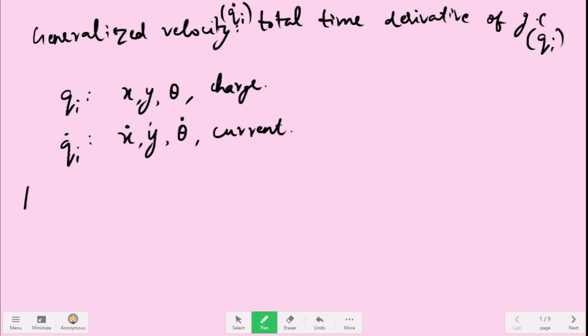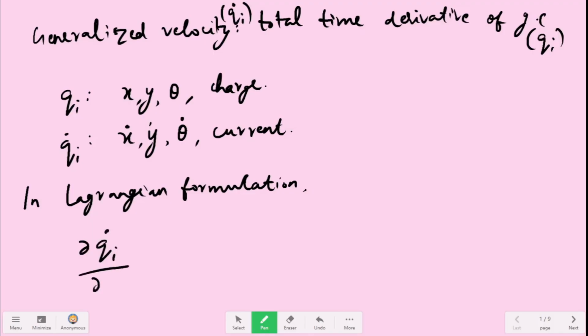Now in Lagrangian formulation, it is assumed that the generalized velocity does not depend on generalized coordinate. That means if you take partial derivative of del qi dot with respect to del qi, this is equal to 0.